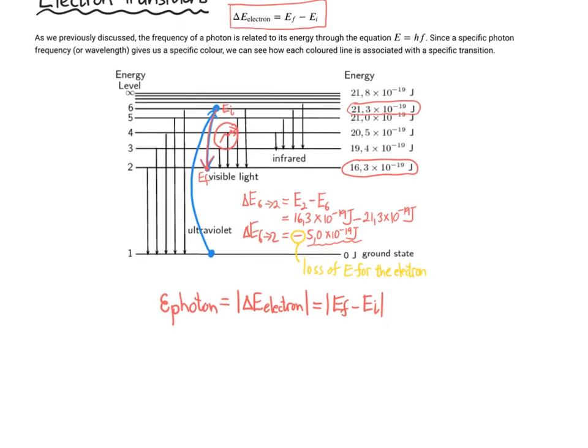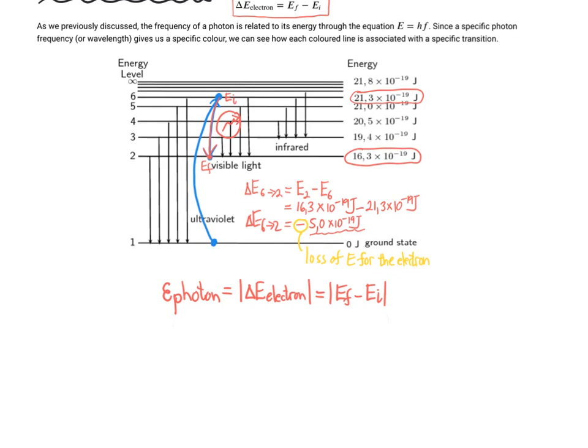So in this case, we could say that this photon has an energy of, and these lines represent absolute values, or the magnitude function. So the minus sign basically gets dropped because we are looking at the magnitude here. So it's 5,0 times 10 to the minus 19 joules.